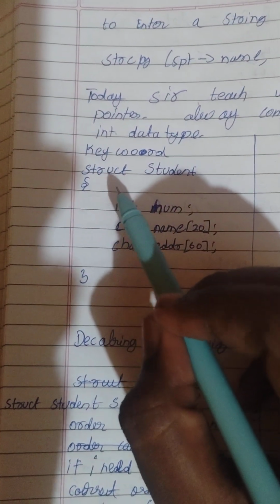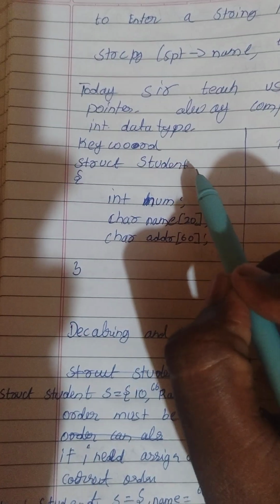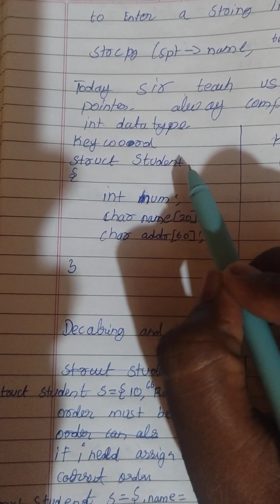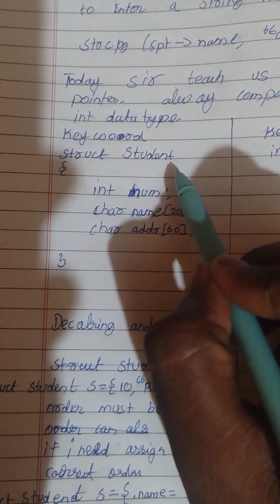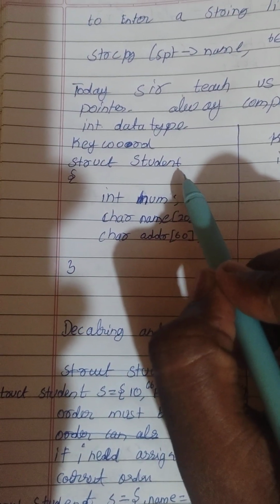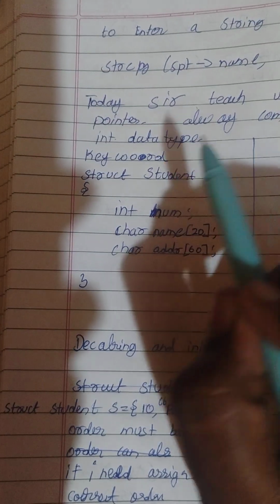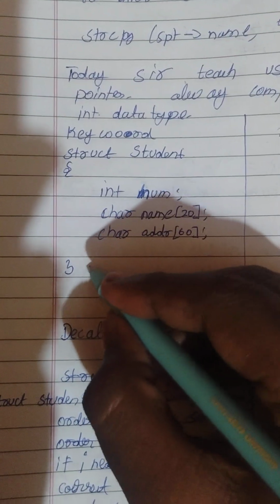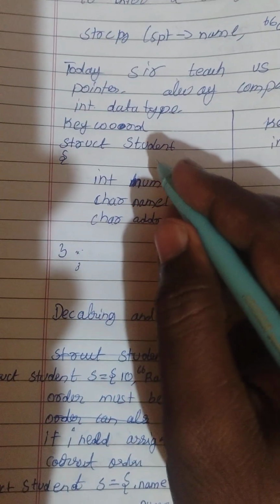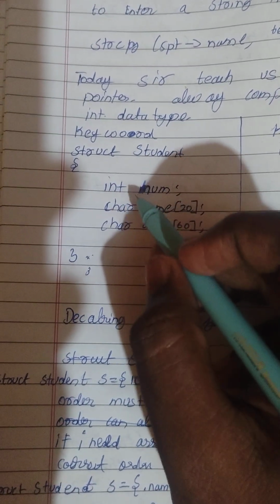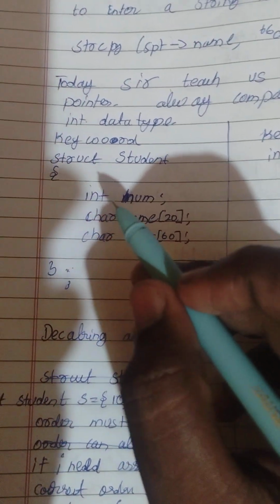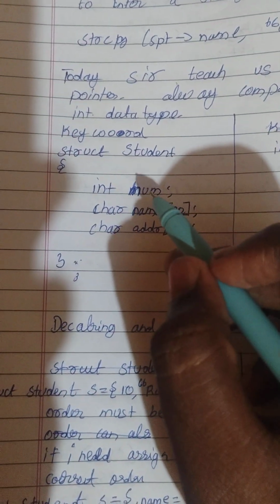First we need to mention the struct keyword, then we need to name the structure. Here I name it student. This is the structure name, not the structure variable name. Variable name is different, structure name is different. Inside, I can declare an integer data type, and I need to give the name for the integer variable.